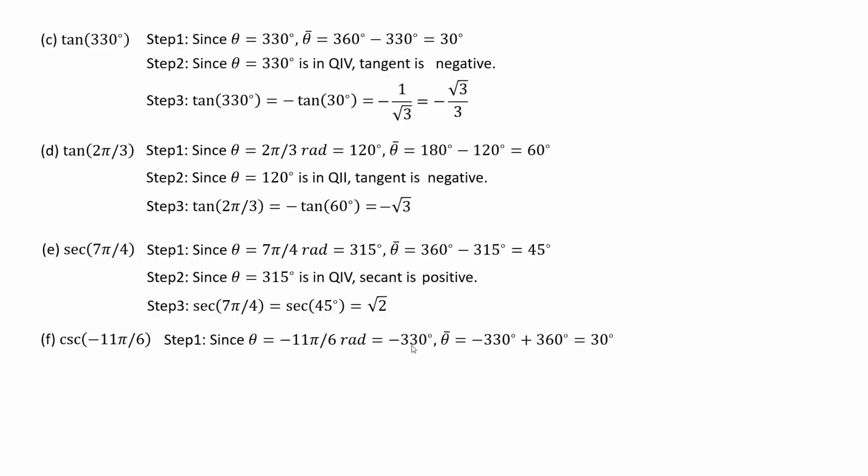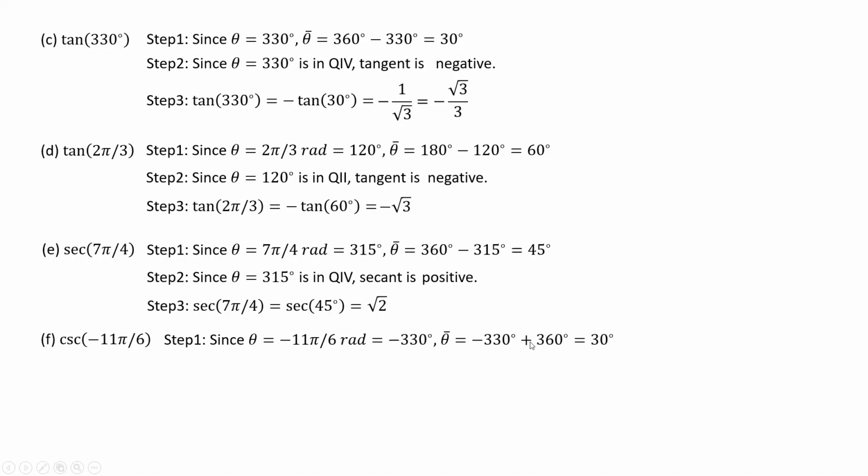If we have negative 330 and we add 360, what do we get? 30. Isn't that nice? Negative 330. Picture it going clockwise into the first quadrant. So basically it's in the first quadrant.